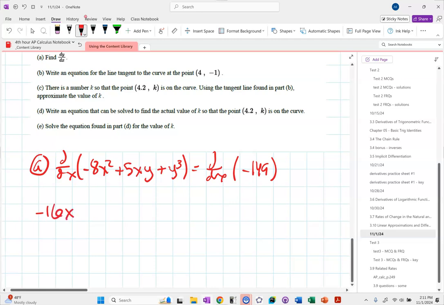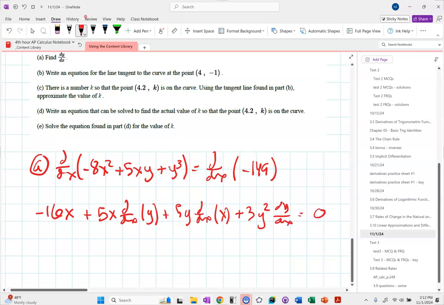What's the derivative with respect to x of 5x squared? Product rule. Yeah, product rule. So 5x ddx of y plus 5y ddx of x. What's the derivative of y cubed? There you go. Don't forget those dy dx's.